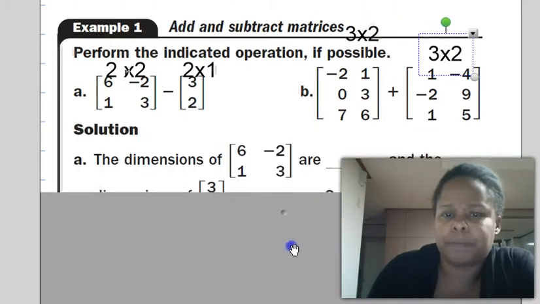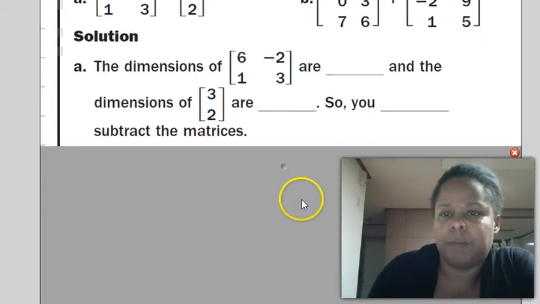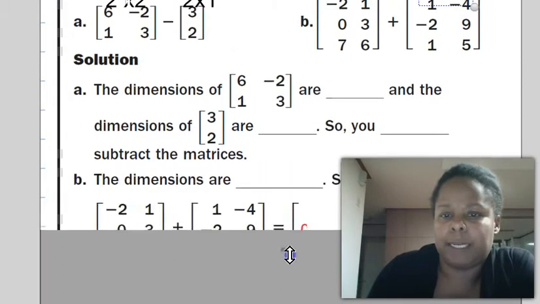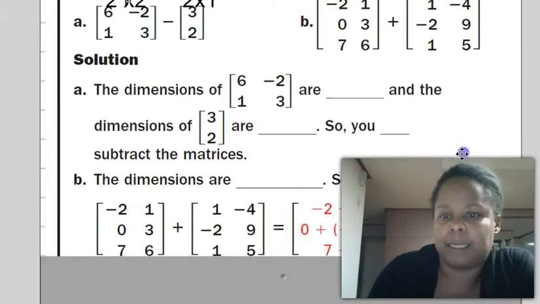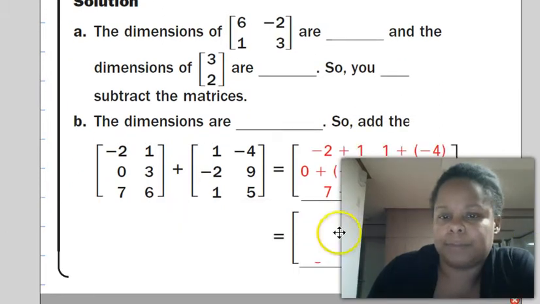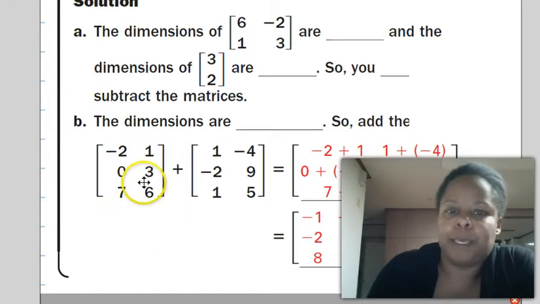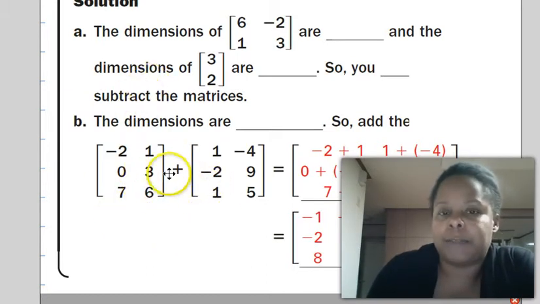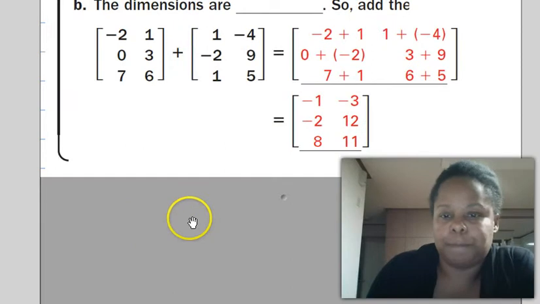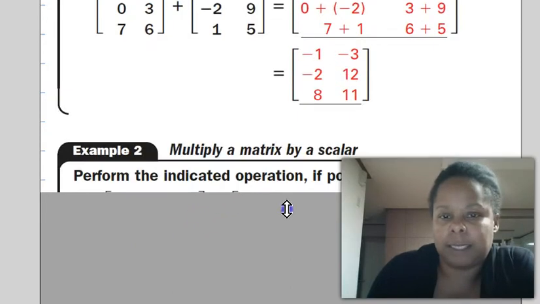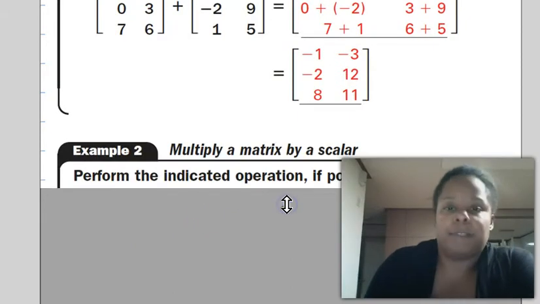Very quickly, when we do that, we get an answer that looks like this, and simplified to this. Super easy, okay? The only reason we could subtract them is because they have the same dimensions. Okay, moving on. If you need to take a look, you can pause the video.